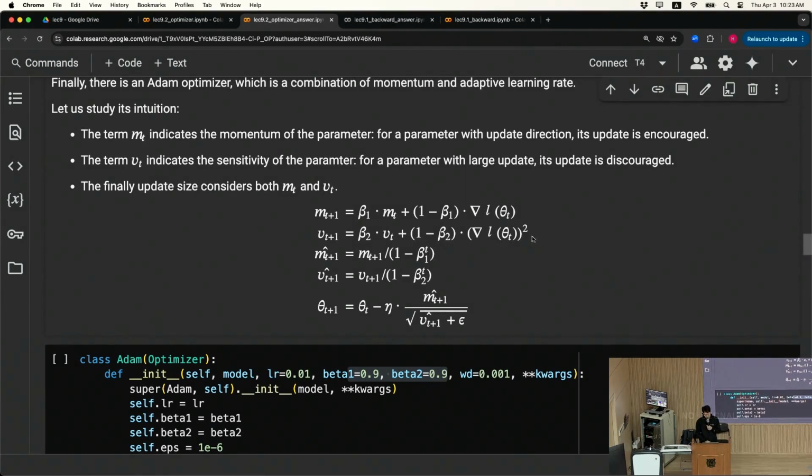So how you incorporate the immediate gradient signal into your optimizer is going to be done in a very slow fashion, because it's going to pay more weight to the previous velocity and previous momentum. It's only going to add in 1 minus beta amount of the gradient information.